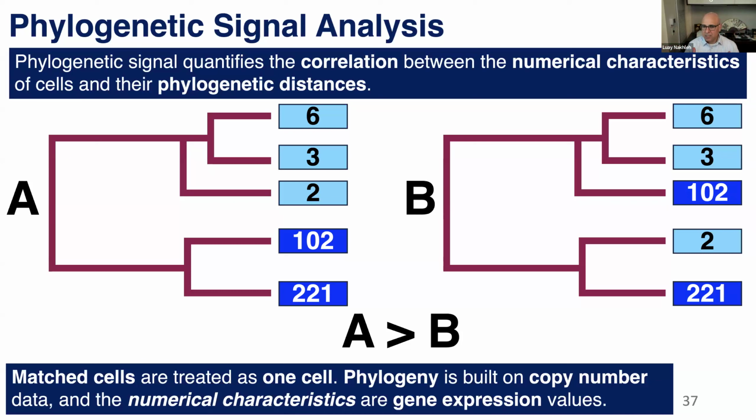So in a sense, it's very hard to say that there is a correlation between DNA and RNA if what you see is the figure on the right, because the mutations at the DNA level are the signal for building the tree. If there are mutations at the RNA level, they are not following the tree shape, because 102 and 221 are very far from each other.